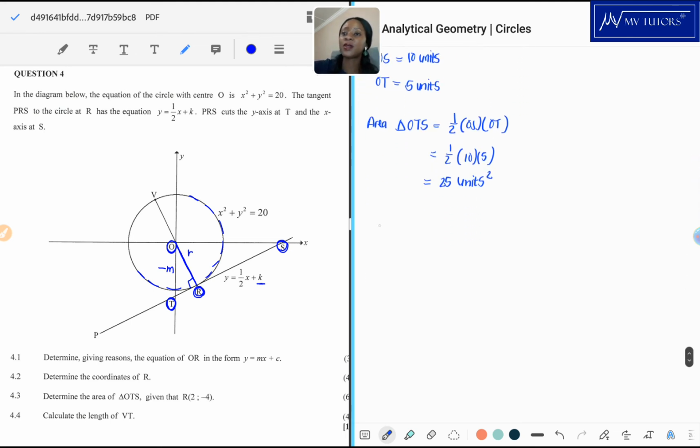Okay, so 4.3, now we get to 4.4. Calculate the length of VT. Okay, so we have this big triangle over here, which is triangle VRT. Okay, and that is actually a right angle triangle.